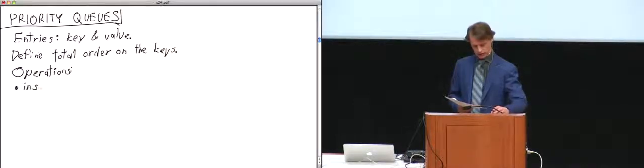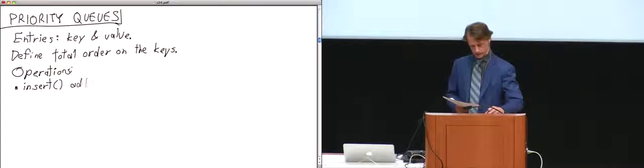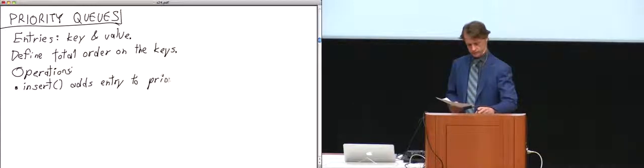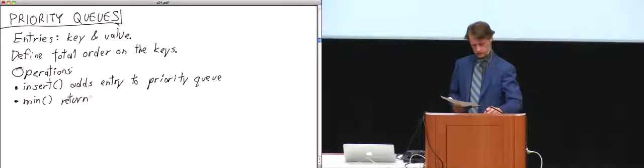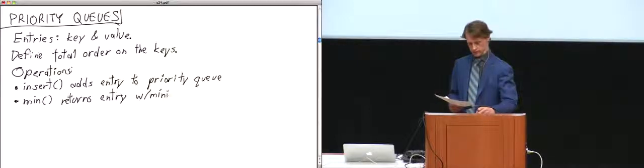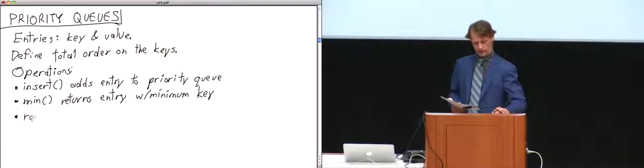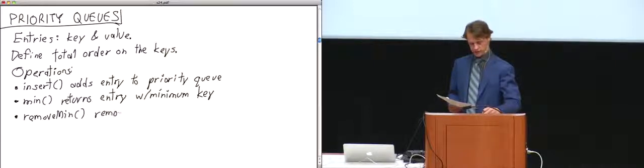You've got an insert operation, which adds an entry to the priority queue, sort of like a hash table does. You have a min operation that returns the entry with the minimum key. And you have a remove min operation, which also returns the entry with the minimum key, but also removes it from the priority queue.